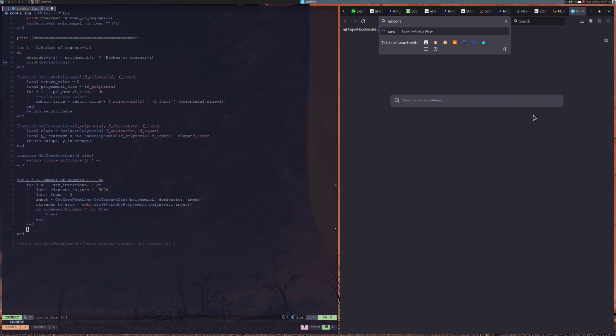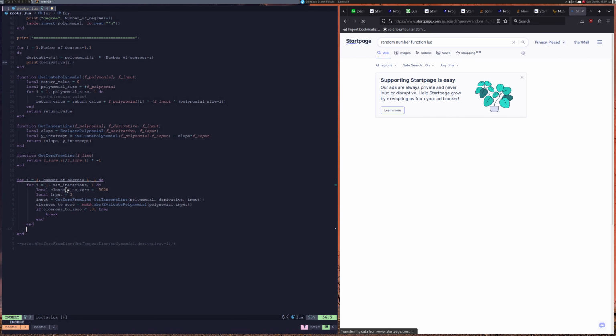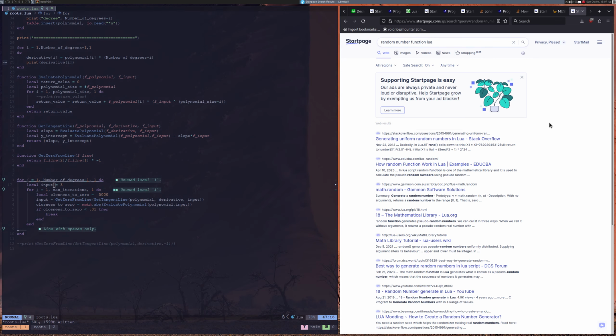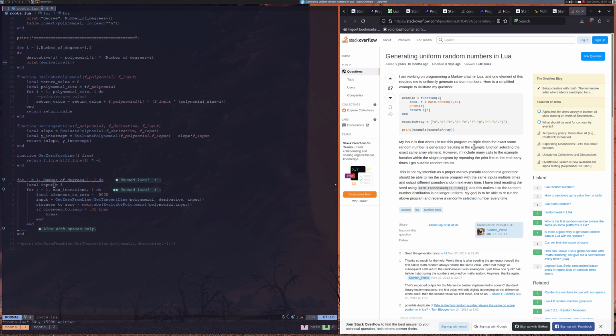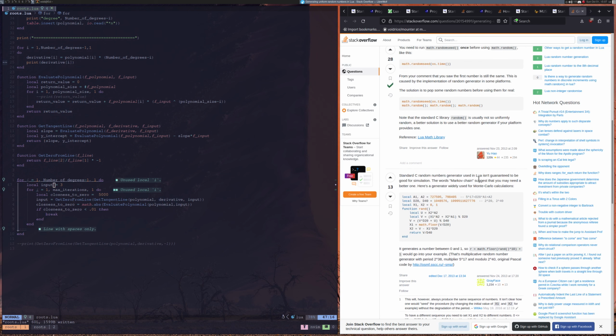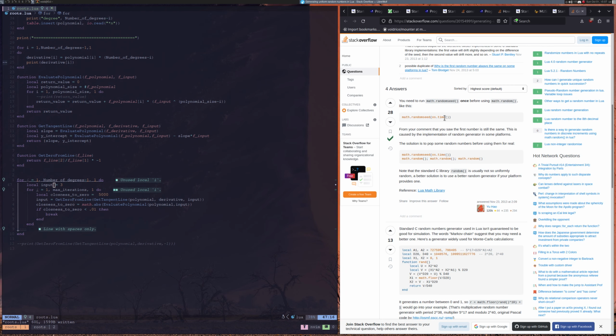Actually, maybe we should do a random. Function random. And put the input outside here. Generating random numbers in Lua. You need to run math.randomseed before, once, easy.